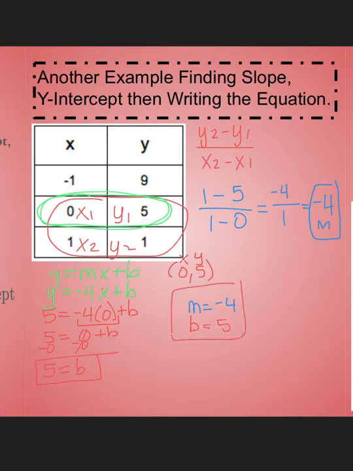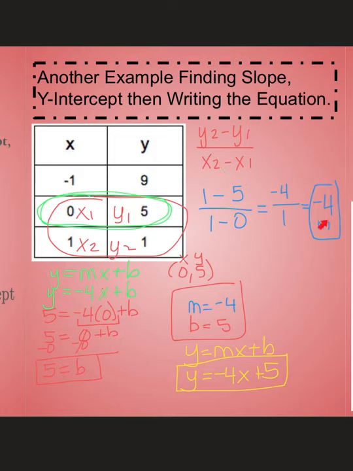Now I need to take this information and fill it into the formula. So I have y equals mx plus b. My equation of the line is going to be y equals negative 4x plus 5. So here I first find the slope of the graph from the table.